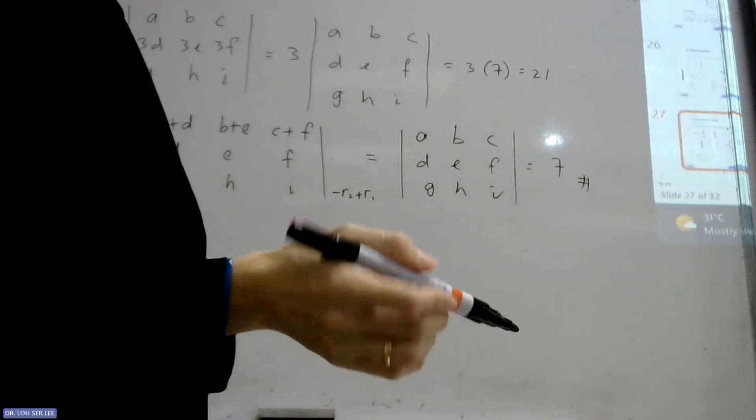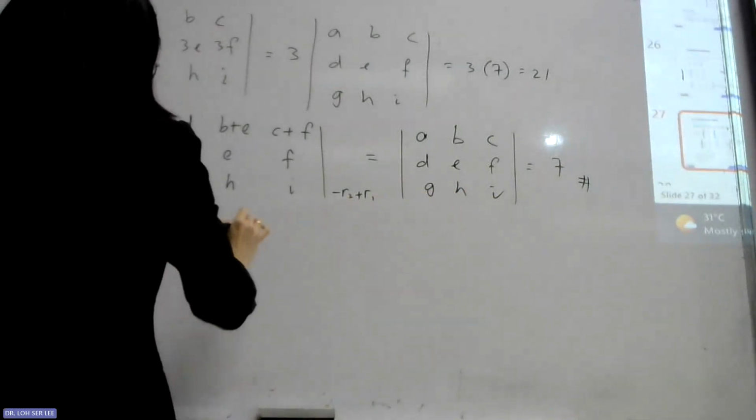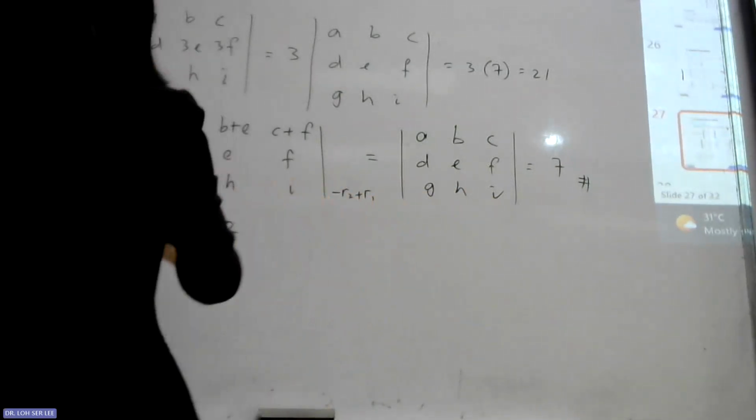Okay, number 5. Number 5, you can use any method. You want to use shortcut, you want to use cofactor expansion, it's up to you.